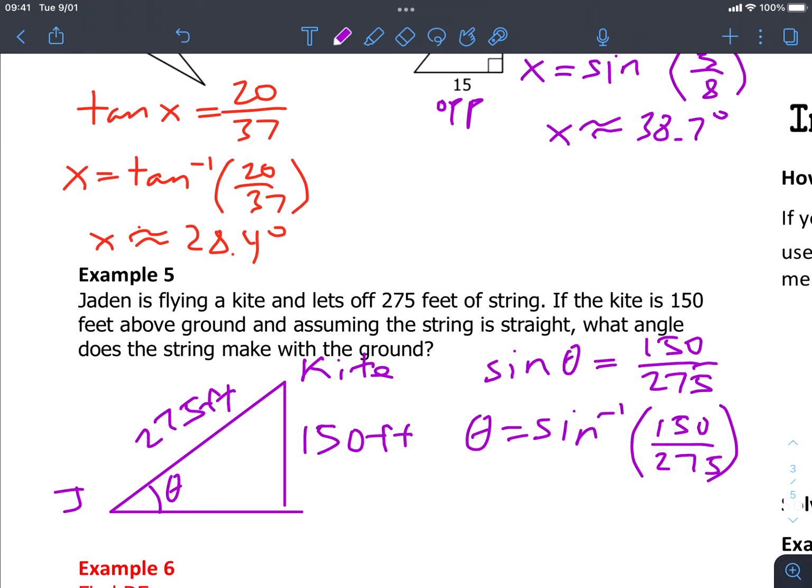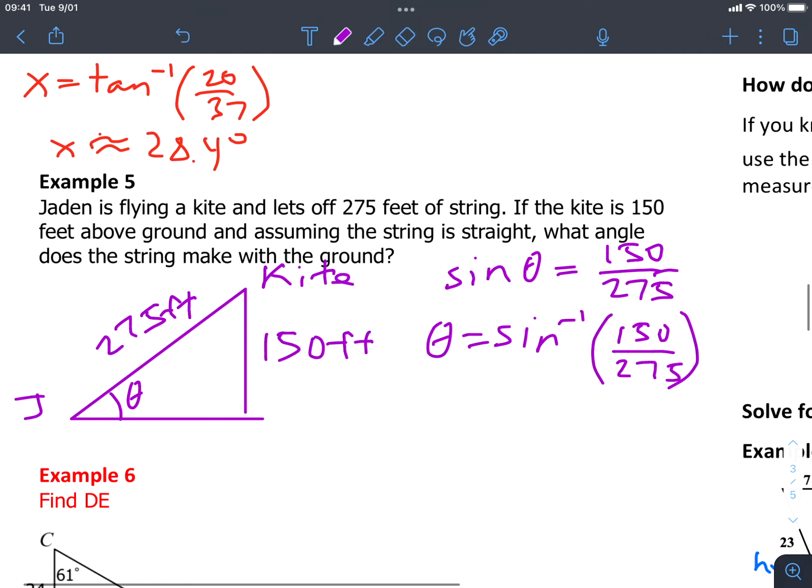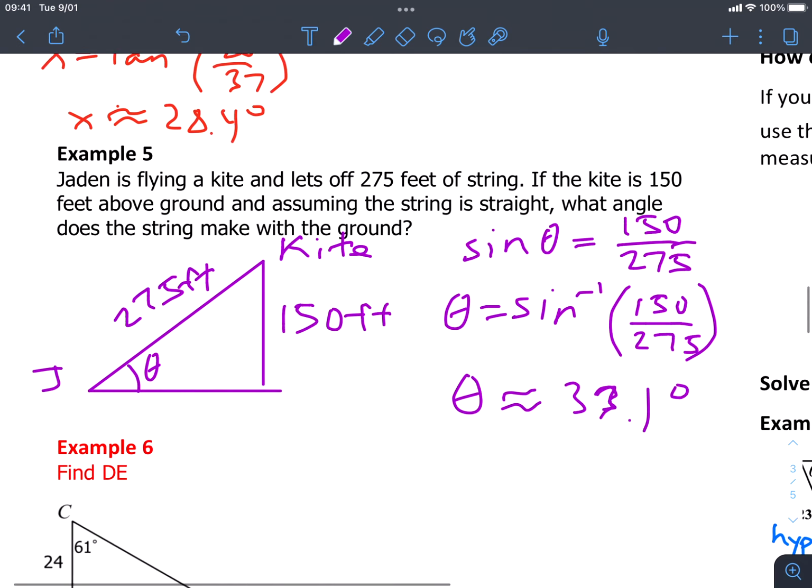And we put this into our calculator: the inverse sine of 150 over 275 is around, theta is around 33.1 degrees. So it's pretty cool. We get to solve a real-world problem by finding that angle that's being created.